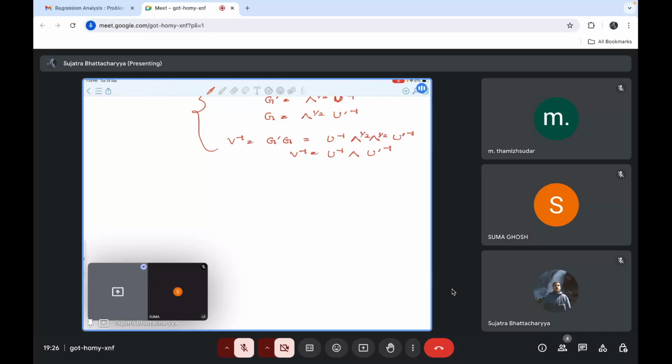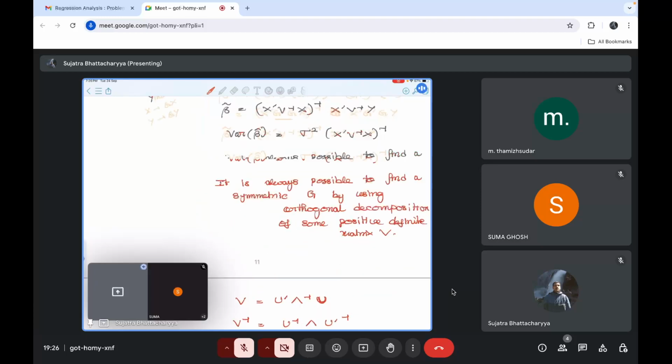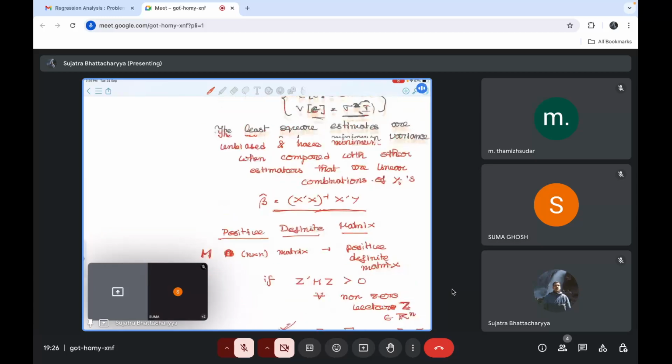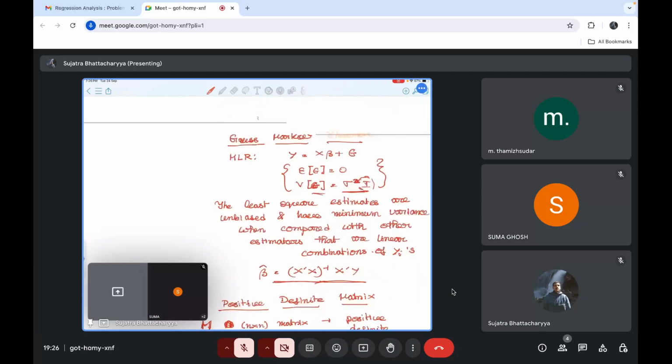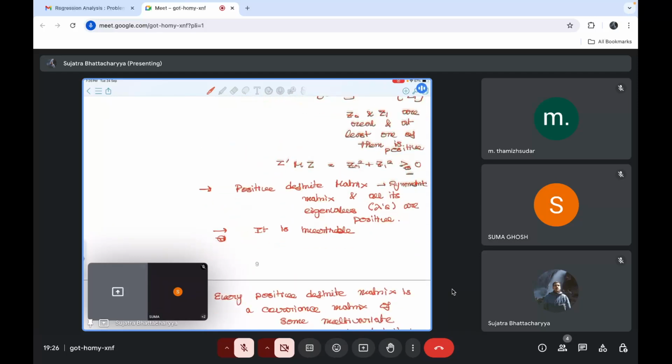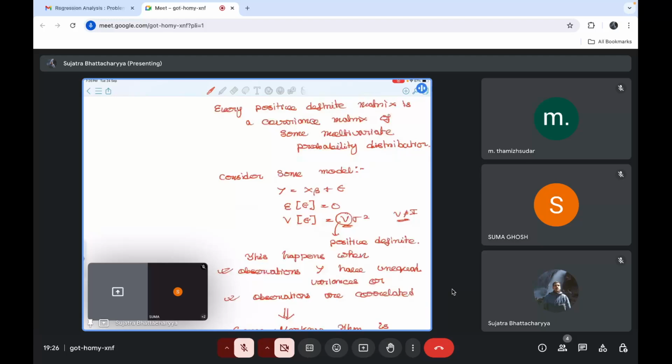Now this is the concept of the generalized least square. Now weighted least square. So whatever we are doing here from this part, positive definite, this one, this is the generalized least square technique, where we have seen how to make a transformation using some G matrix and ultimately finding out what G is based on orthogonal decomposition.